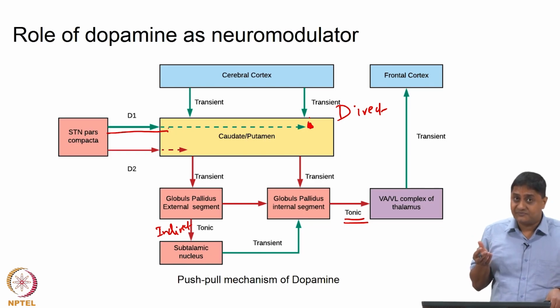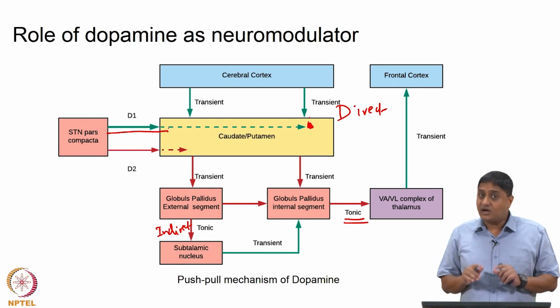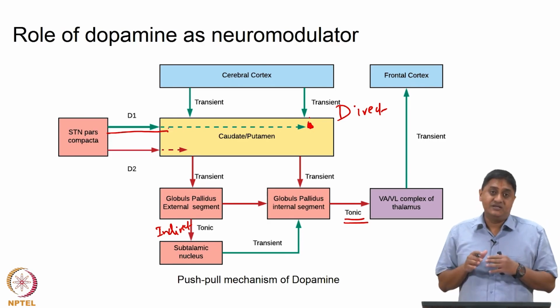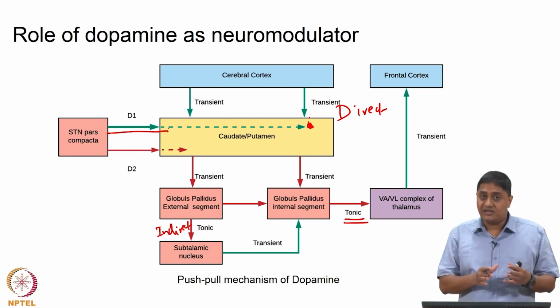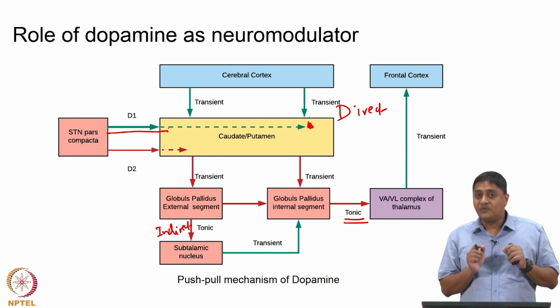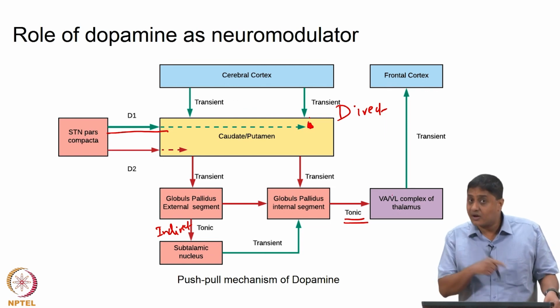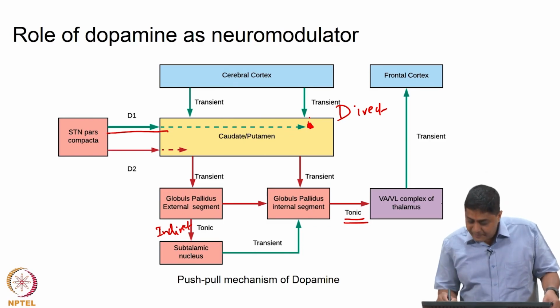Whenever dopamine is secreted, it is going to increase the excitability of the medium spiny neurons in the direct pathway, right. In the indirect pathway though, it is going to decrease, not increase, the excitability of the medium spiny neurons. But since the indirect pathway is an inhibitory pathway, you are going to have a net excitation, not at the medium spiny neuron, but at the thalamocortical neuron.